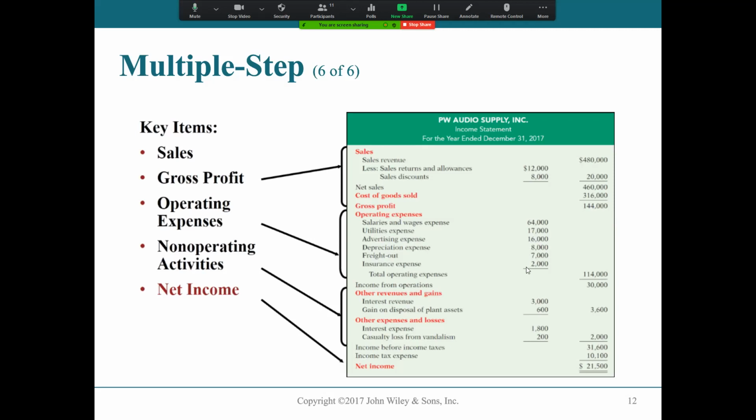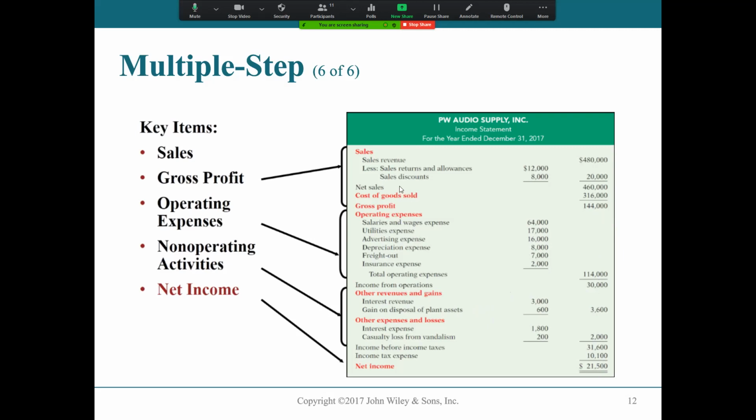All of our operating expenses. So our gross profit minus our operating expenses gives us our operating income. And then minus any, or plus any other revenues, minus any other expenses. And that will give us our net income. So it's not really radically different from the income statements we've already done. It just has more detail.